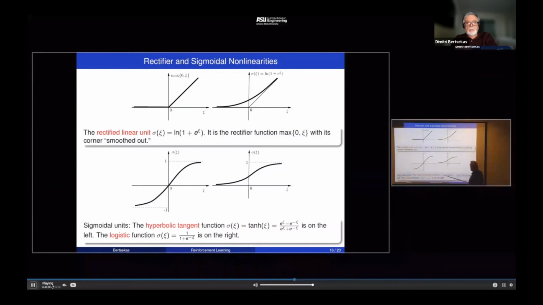The hyperbolic tangent function is this one here, has a slope of 1 here, and asymptotically goes to 1 and to -1 on the two sides. The logistic function is this. By a translation, it gives you something that's pretty similar to the sigmoidal function. Generally speaking, from a theoretical point of view, from the universal approximation property point of view, it doesn't matter which one you use. It just may happen that one type of nonlinearity may work better on your problem than another type.